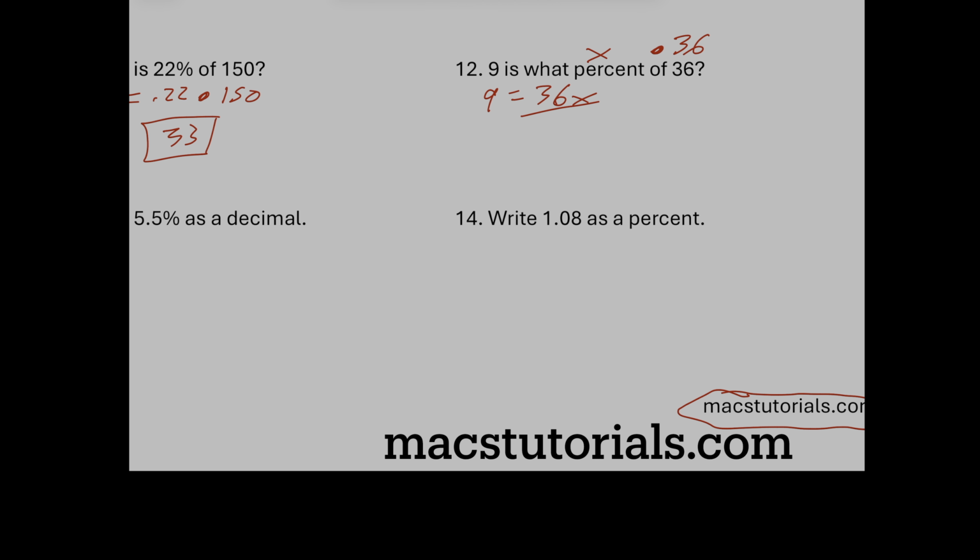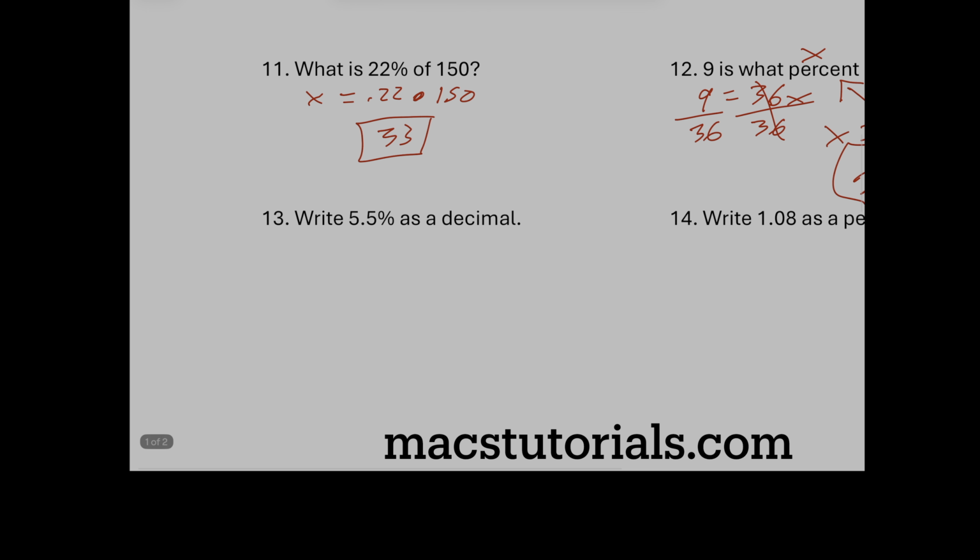Okay, well, I can tell right now that 9 is 1/4 of this. Okay, because I know 9 times 4 is 36. So I can tell you right now the answer is going to be 25%. When you put it in your calculator, sure enough, you're going to get that. But you have to express it as a percent. So you're going to write 25%. Okay, I may have to make some different versions with some crazier numbers.